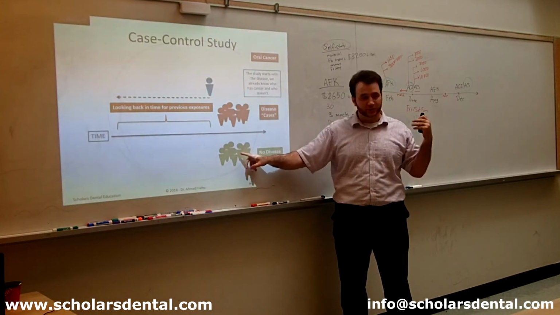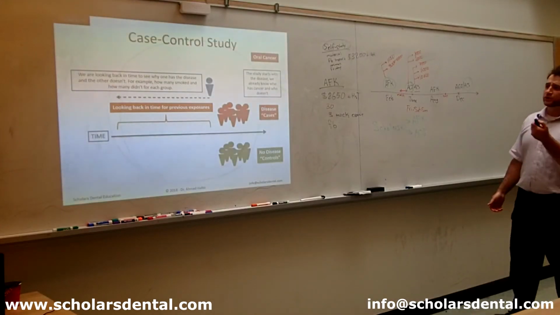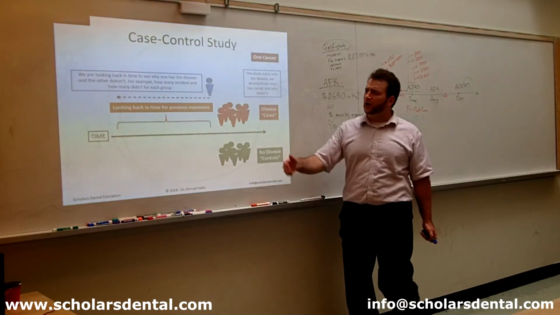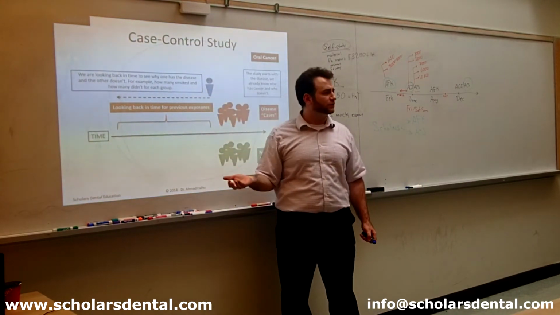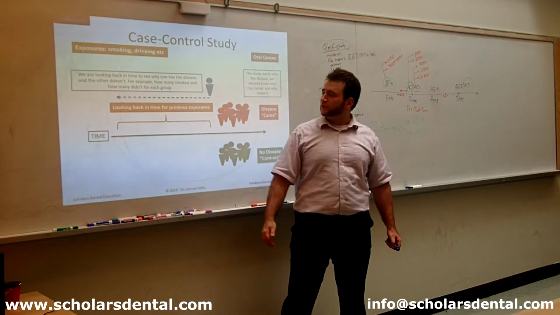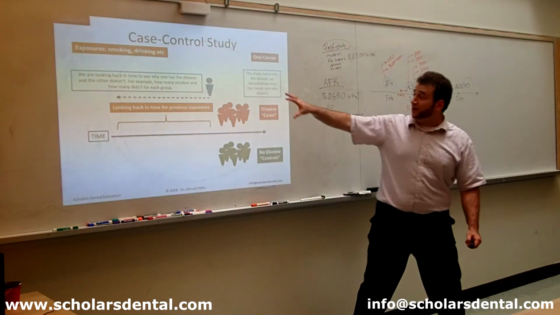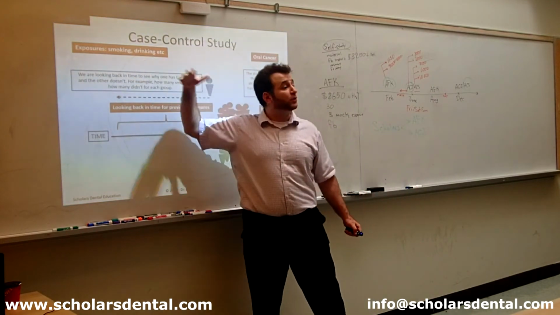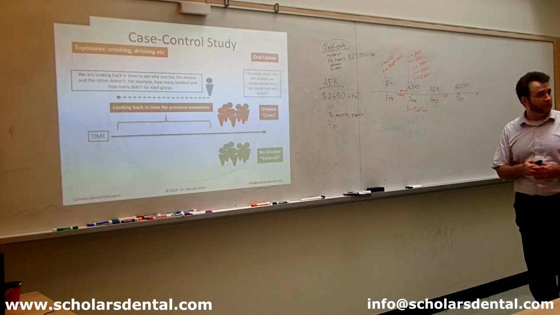You, and this person, you, and all that. So you're looking back for exposures. Exposures could be anything. So we are looking back in time to see why one has the disease and the other doesn't. For example, how many people smoked and how many didn't for each group. And the exposures could be anything that you're looking for. So that means you're starting with one disease and you're looking back for multiple exposures. You can study multiple exposures. Is that clear for now?